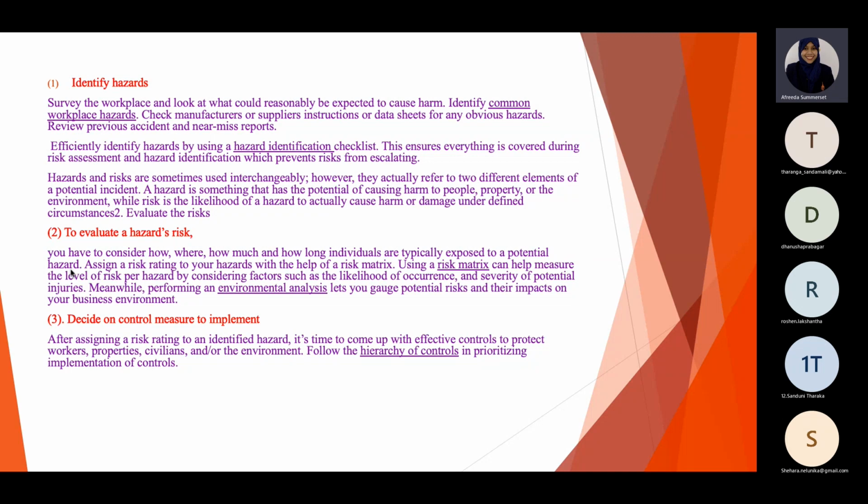Right? And meanwhile, you perform an environmental analysis and you gauge potential risk and the impacts on your business environment. So for example, let's say that you are using this chemical called ethylene bromide. Ethylene bromide is actually quite a toxic chemical. So somebody who is a manager running this company knows that everyday exposure to ethylene bromide can cause cancer. So let's say one of his employees is working with ethylene bromide, he should be aware, okay, this particular person, let's say John, is using it every day.